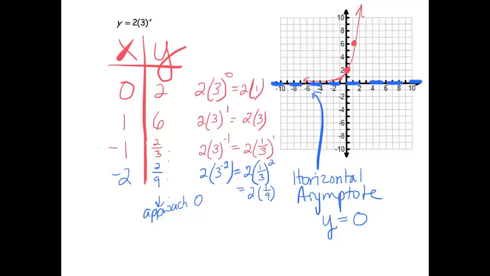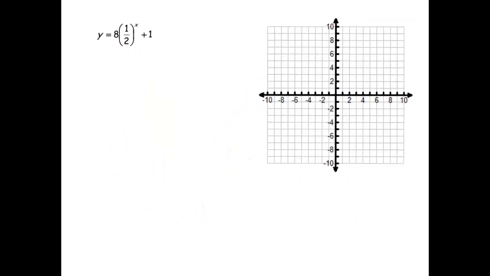So again, we started with a pretty simple function. In the next two examples, we're going to start with a simple function and then move them around. So this one might not look simple, but I just want to break it apart into some pieces first. And notice that we have a +1 at the end of the equation. And I hope you remember that that moves the graph up 1.